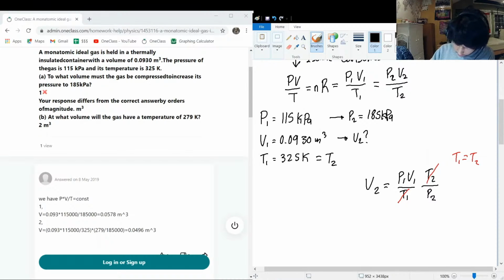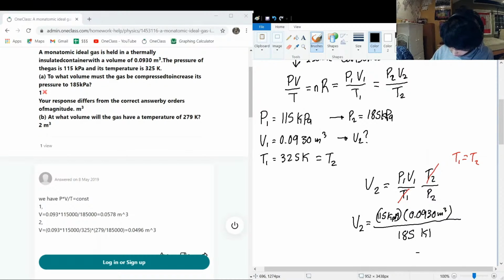So V2 is just going to be P1, that's 115 kilopascals, multiplied by V1, that is 0.0930 meters cubed, divided by the second pressure, which is 185 kilopascals.